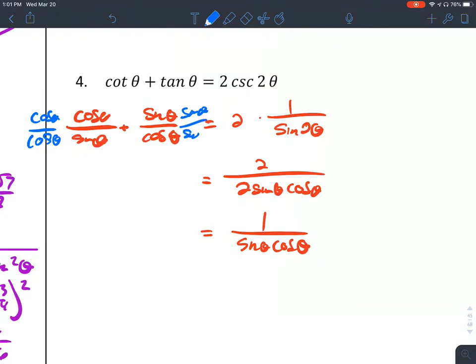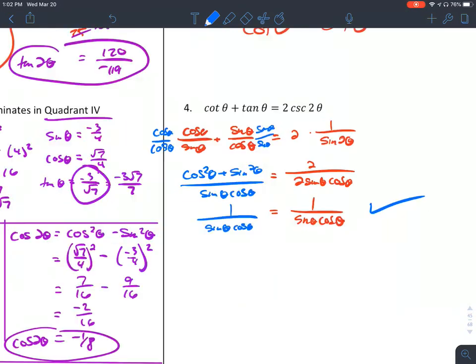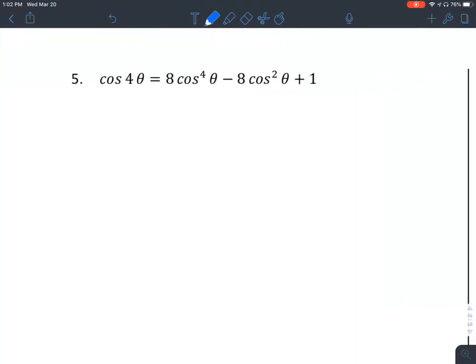That's equivalent to multiplying by 1. That's going to give me cosine squared of theta plus sine squared of theta over sine of theta cosine of theta. Cosine squared of theta plus sine squared of theta is 1, of course, and that gives us the left and right sides being identical. Done.